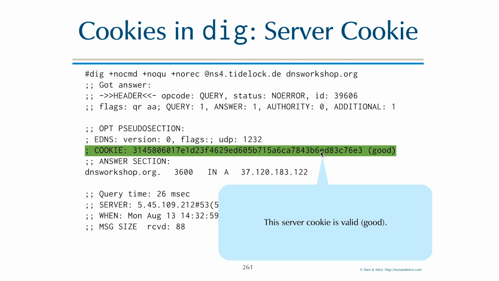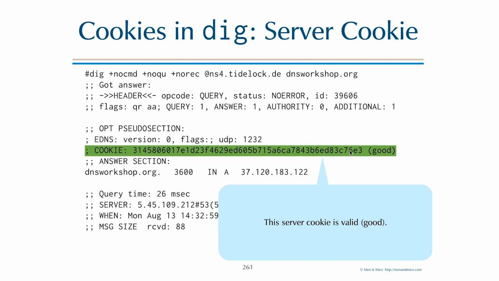This server cookie was generated. It came back. Dig, the client, looked at it, checked if it contained its original client cookie, which is the beginning part here. We'll see that in the next slide. And it says, oh, it's good.